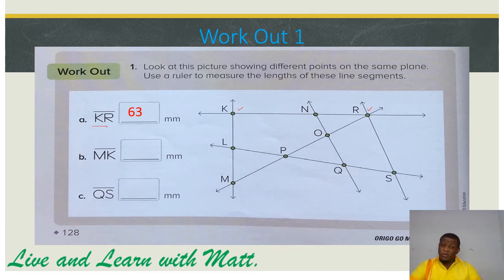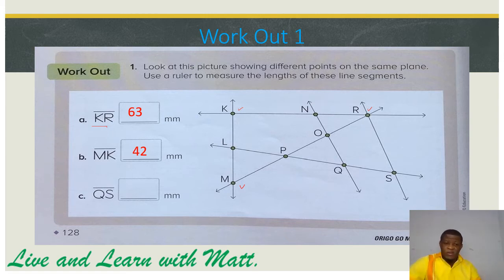63 millimeters. Now line MK, we start from point M. Point M to point K, up here. M to K. So let's measure it. What do you get? 42 millimeters.